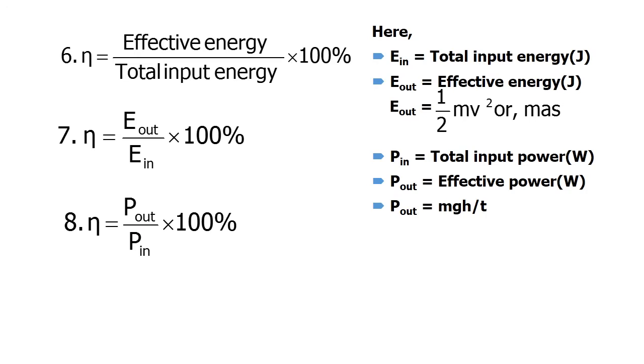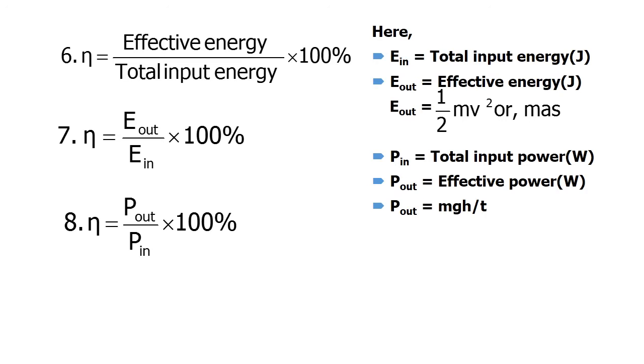P out is the effective power and P in is the input power. If the effective power or output power is not given, then we can calculate the output power by using the formula m g h by T. That's all the formulas on the topic of power and efficiency.